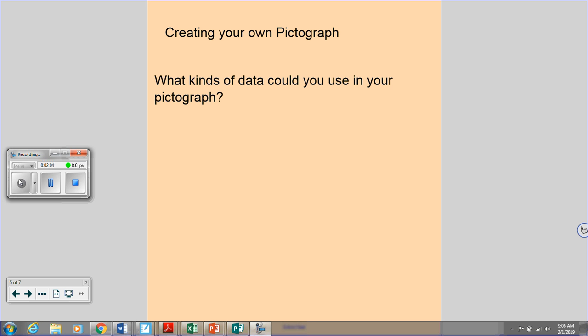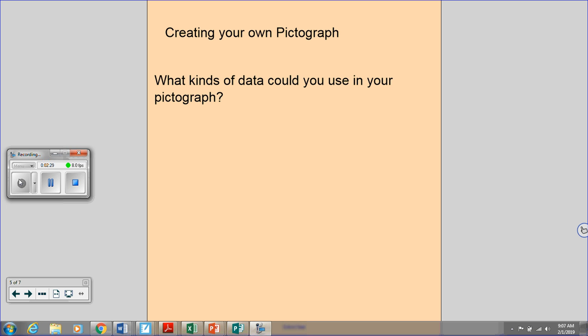Right? Is there anything special that I need to pay attention to on a pictograph? Lindley? The key or the scale. Why would the key or scale be so important to pay attention to, Lindley? You keep going.